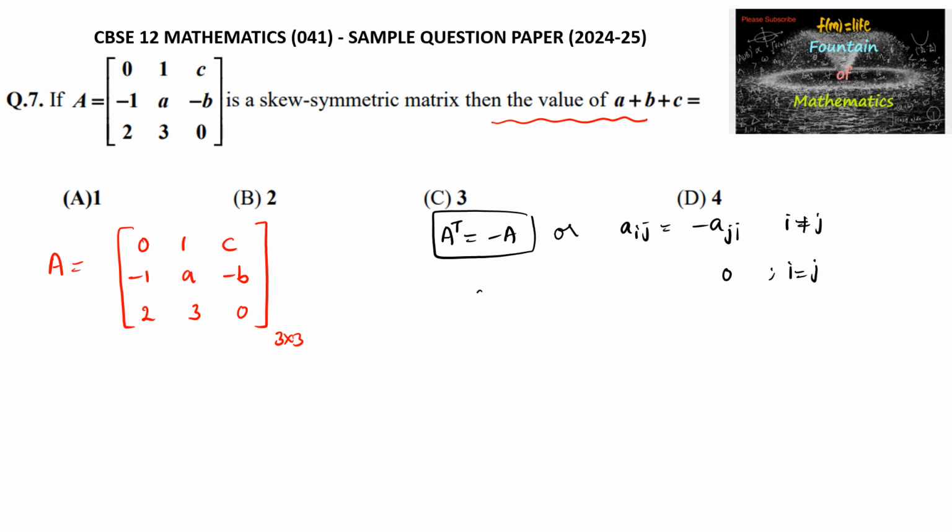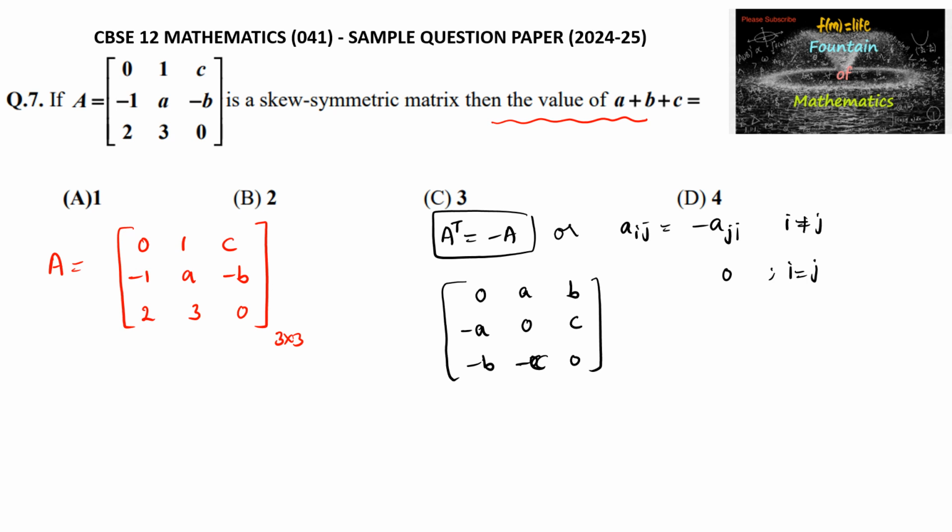So we can give an example: [0, a, b; minus a, 0, c; minus b, negative c, 0]. This is the standard form of a skew symmetric matrix.